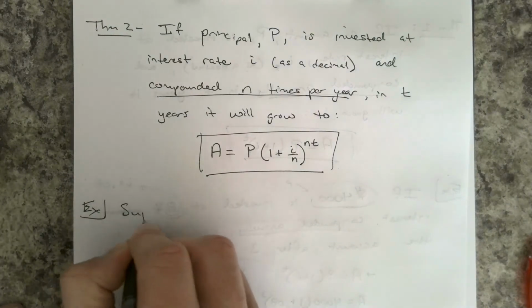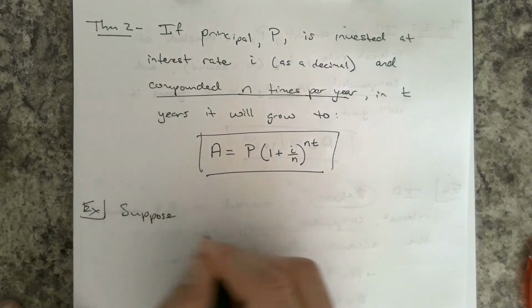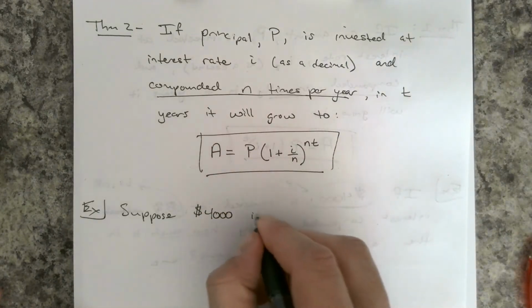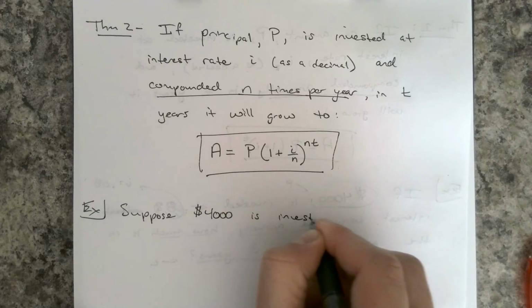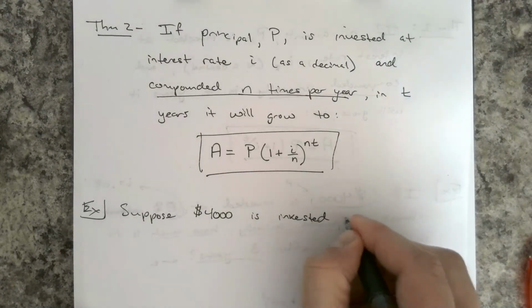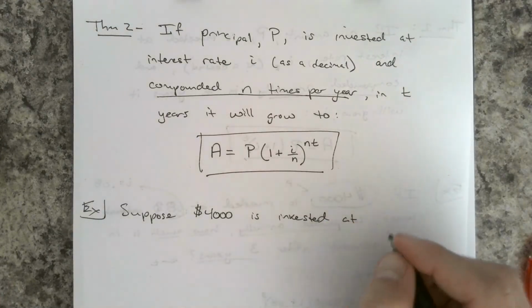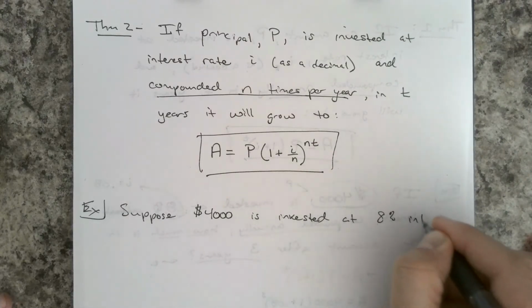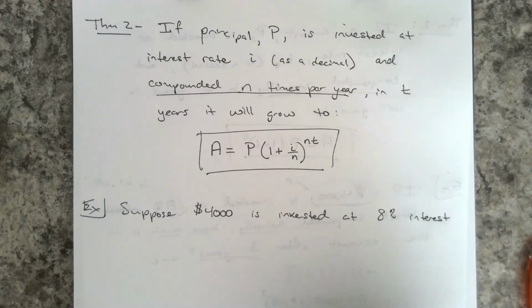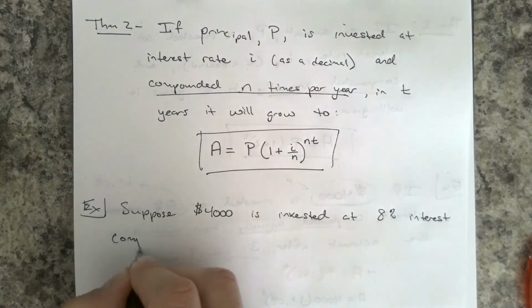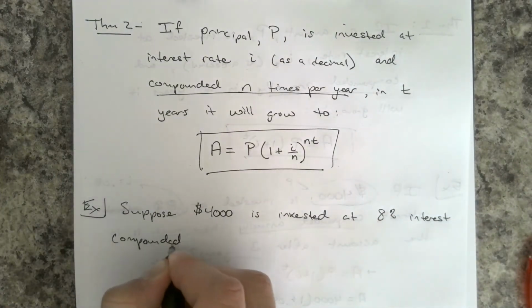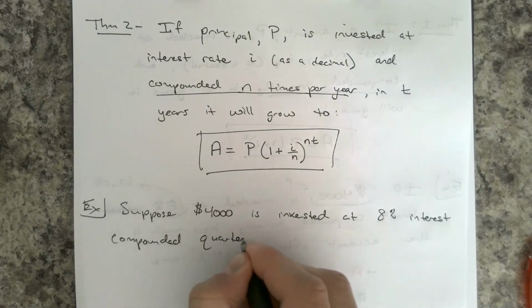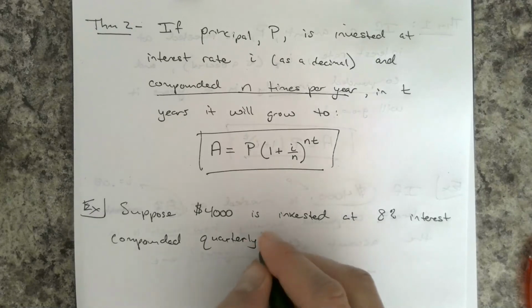So suppose $4,000 is invested at 8% interest compounded quarterly.